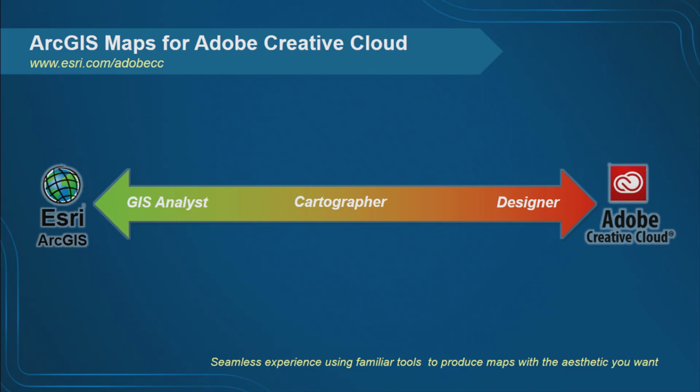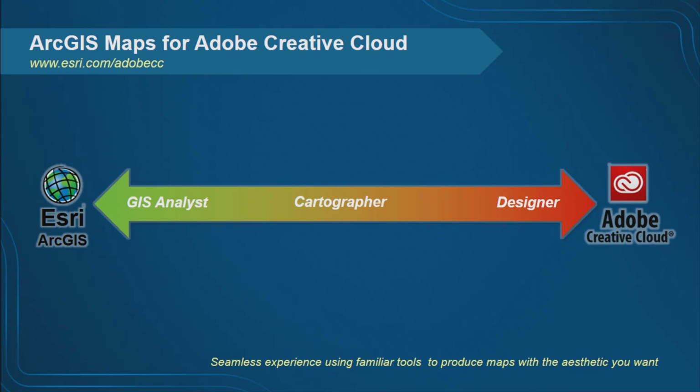Then you've got someone who sits in the middle, the cartographers, and they'll spend some percentage of their day in ArcGIS doing analysis and creating data. On the other end, they'll also probably kick out some maps and products out of ArcGIS and bring them into Illustrator or Photoshop. So really what we're trying to do is bridge those gaps: allow the analyst to more easily share geographic content and spatial information with the Adobe users, and allow the designers to more easily consume it.